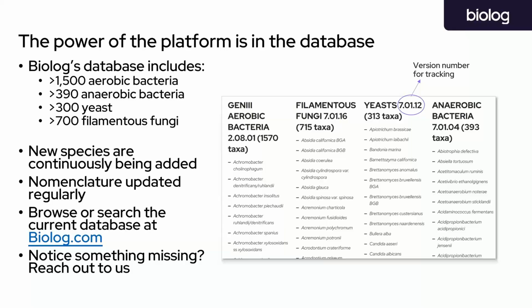And we are continuously updating our database to add new species and update the nomenclature according to the latest widely accepted species names. And you can actually browse or search the current database on our website at biolog.com. So you can see a screenshot of it here, and we track, in each case, the version number. So you can look at the most current version.